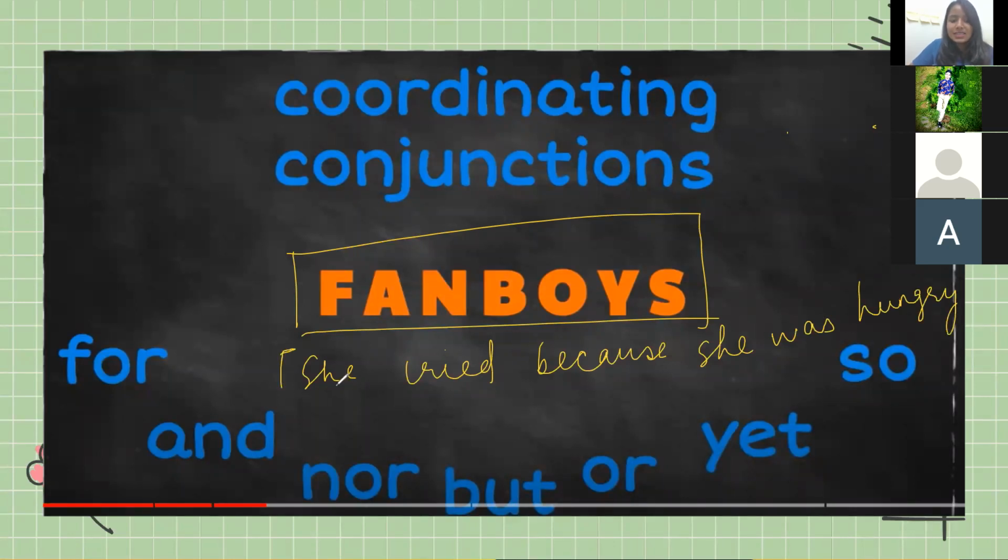In this, "she cried" is a complete or independent sentence or what? Tell me. Independent sentence. "She was hungry" is also an independent sentence. But is there any conjunction in this, in "because"? No, it's not there.